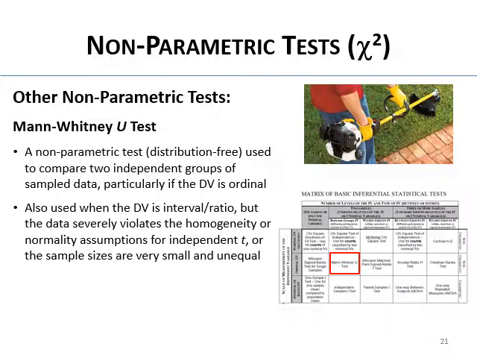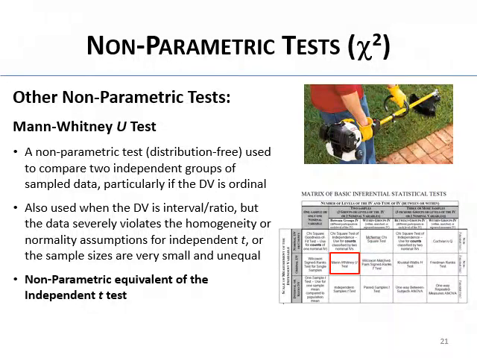And you also use it when you wanted to use an independent samples t-test, but the data severely violated the homogeneity assumption, or you had really small and unequal sample sizes, whatever it is, you didn't fit the assumptions. So it is the non-parametric equivalent of the independent t-test. And it's Mann-Whitney U, and it's the one right above it in the matrix of statistical tests.